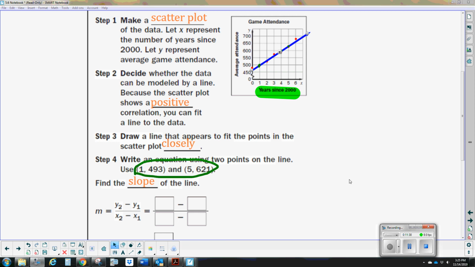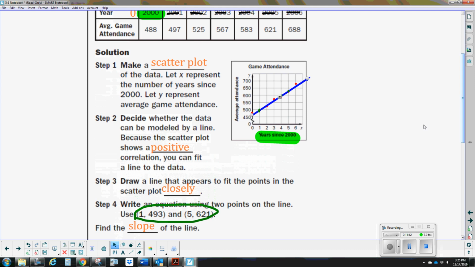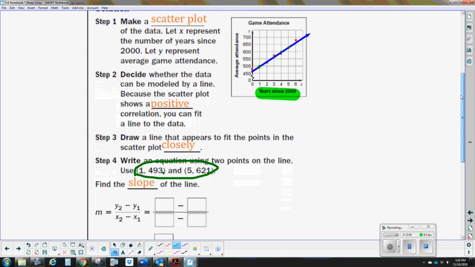So again, notice that these points are not actual data set points. Like in 1, my data shows a point of (1, 497), but my line has a point of (1, 493). And in my data, I have (5, 621), and it looks like that one actually is on my line, but it doesn't have to be.